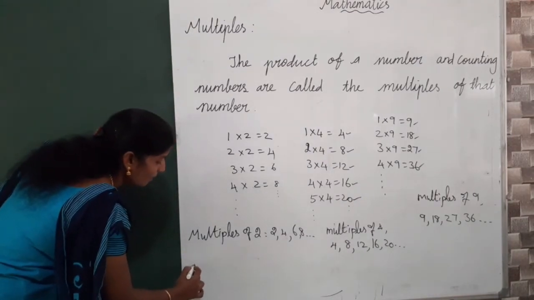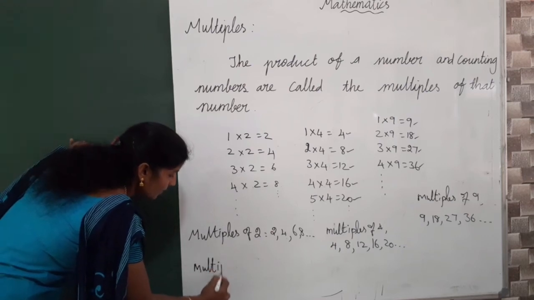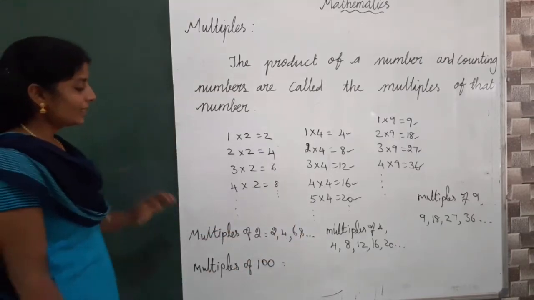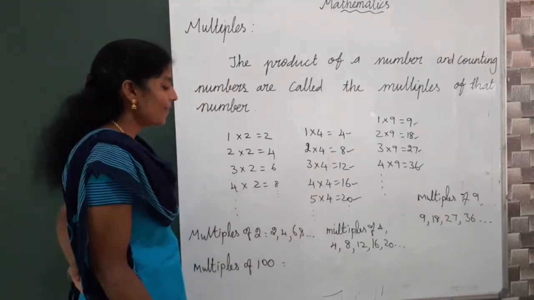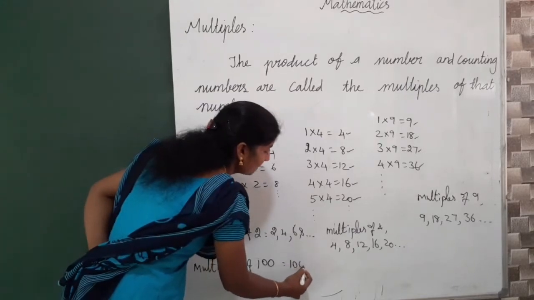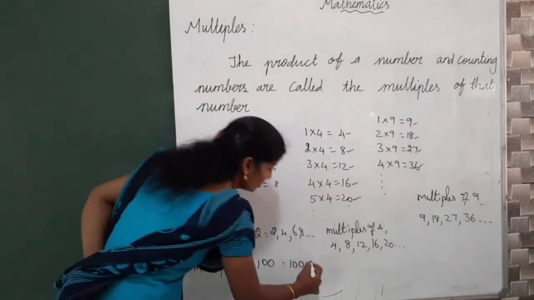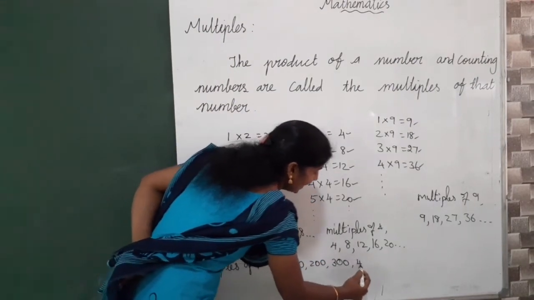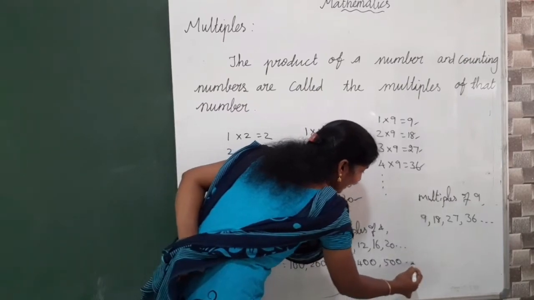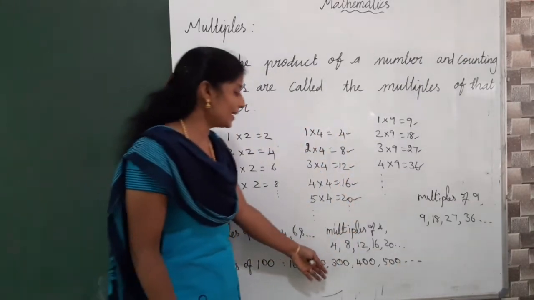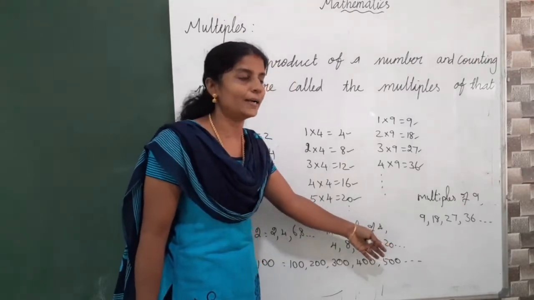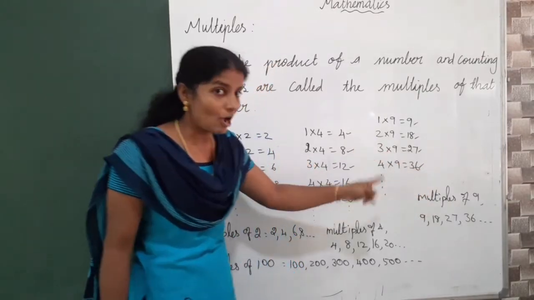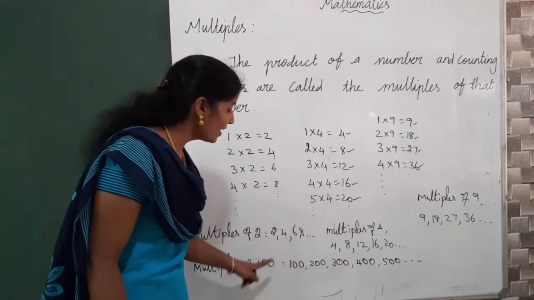The first multiple is 100, then 100 plus 100 is 200, 200 plus 100 is 300, then 400, then 500, etc. So 100, 200, 300, 400, 500, then 600, 700, 800, 900, then 1000. 1000 is also a multiple of 100.